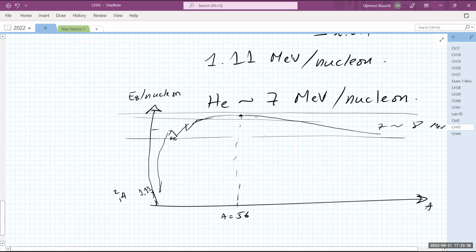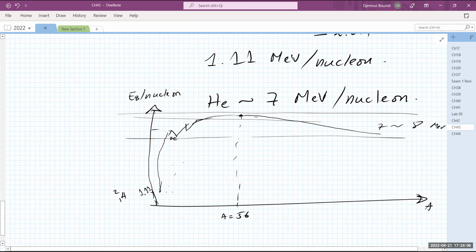We really need to understand what's going on here too. But it starts to drop, and it's very, very stable around 56. This is the maximum energy that you can get. This has 2 critical things. As I build up elements from lighter and lighter, I'm getting more and more binding energy per nucleon, which means I'm getting more and more stable atoms.